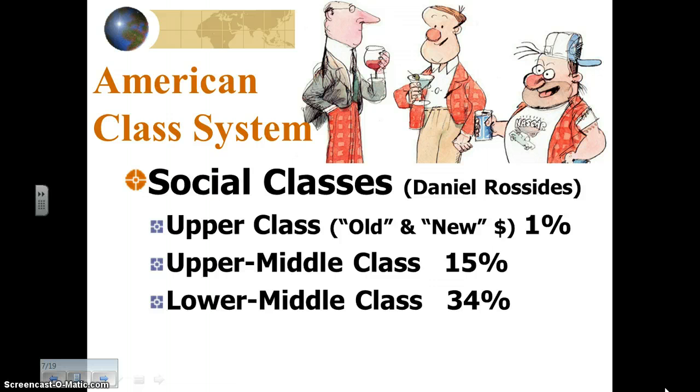Examples would be people who run small businesses, lower-level managers, craftspeople, foremen, teachers, nurses, those kinds of examples. Income in this area is generally in the ballpark of, let's say, $40,000 to $70,000 yearly.